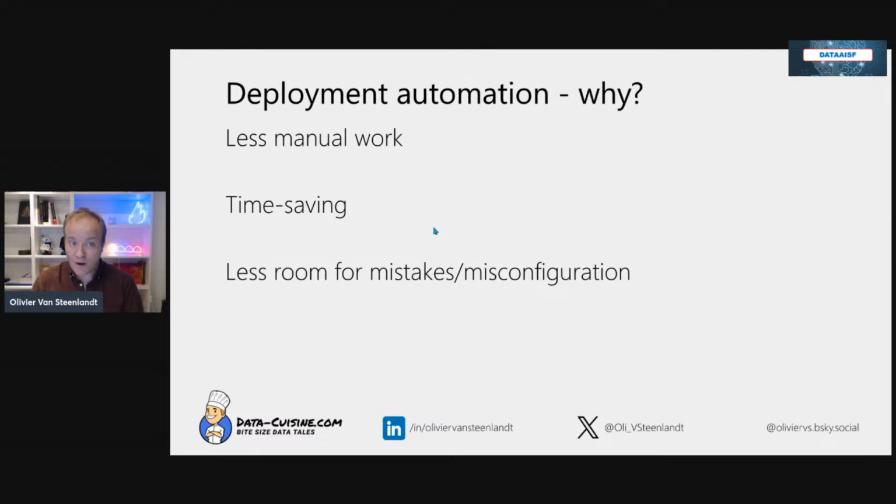And even more important, by using database deployment automation, there will be less room for mistakes or misconfiguration. I will say we don't make mistakes or misconfigure anything. Just because of that, I'll share my top 2 for today where I completely went wrong in the past.